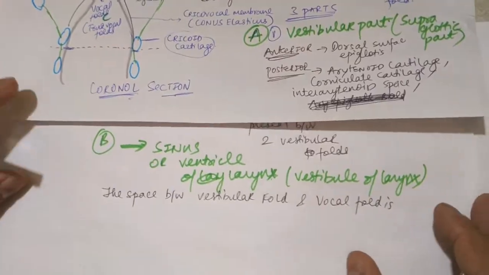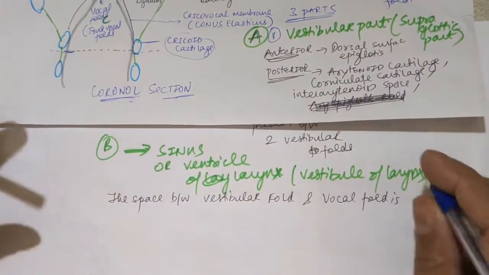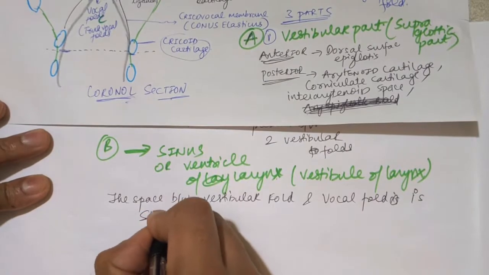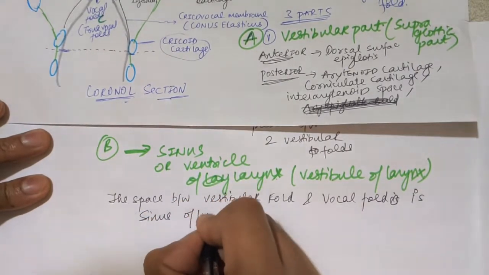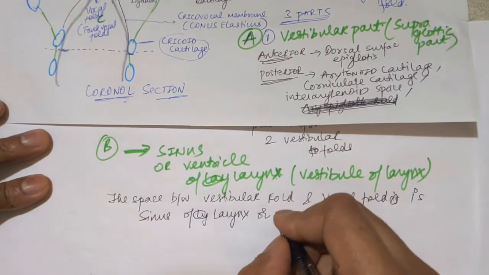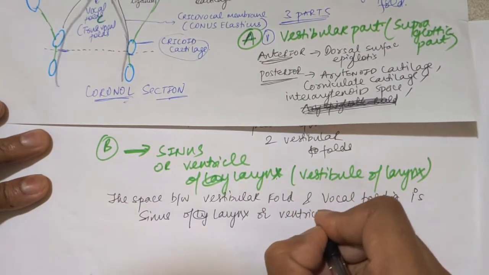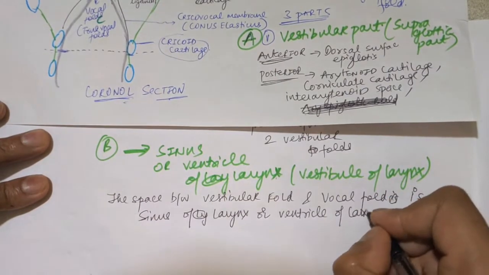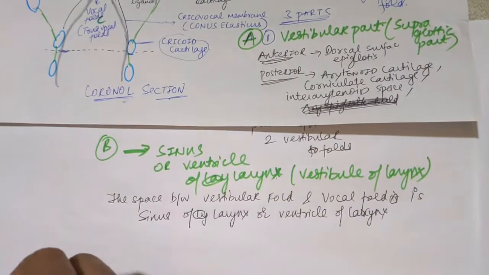So the space between the vestibular fold and the vocal fold is called the sinus of larynx, or ventricle of larynx. This space is also called the sinus of Morgagni, so remember this point also.